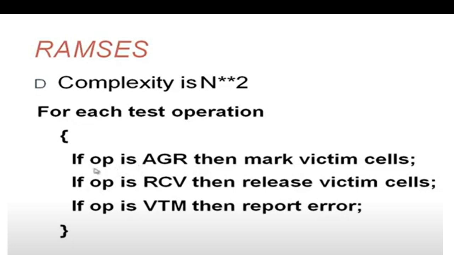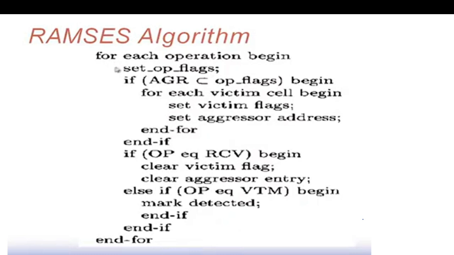So next, this algorithm has a complexity of n square. For each test operation, if the output is aggressor, then mark the victim cell. If the OP is recover, then release the victim cell. If the OP is victim, then report the error. So for each operation, we set the flag values for the aggressor based on the flag.